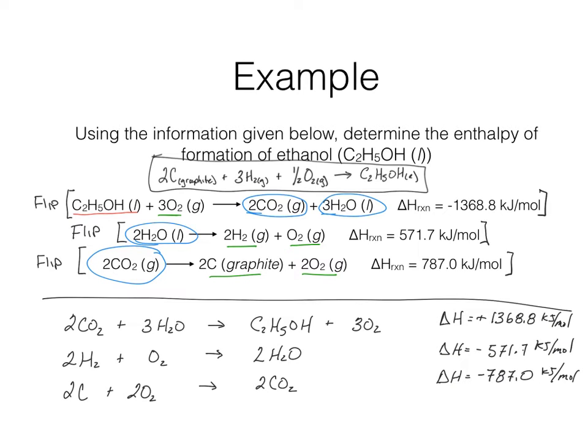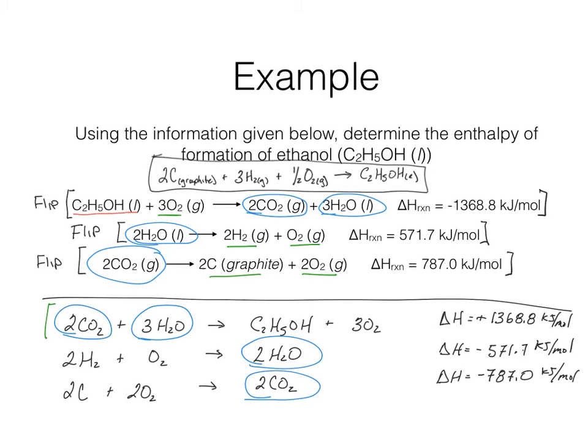Okay, but we still need to figure out, we have to get rid of our CO2 and our water. And right now, our CO2, we can, but our water, we have 3 as reactants and 2 as products, which means that they're not going to cancel out directly.